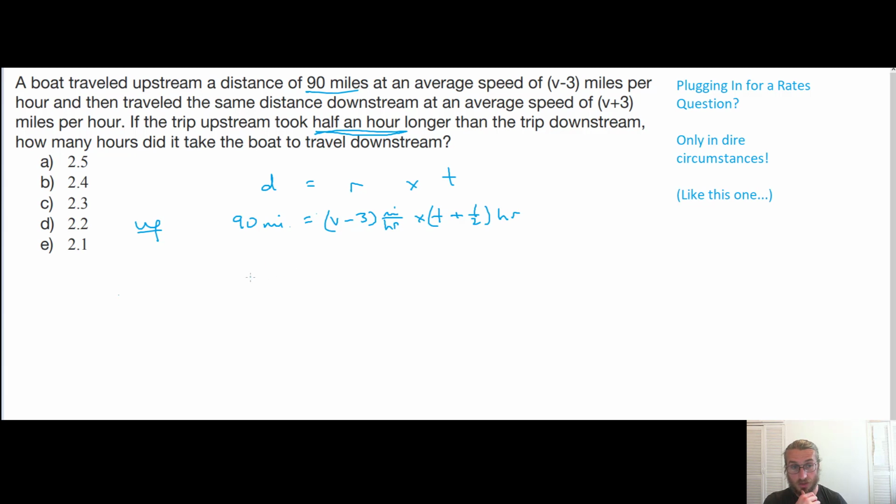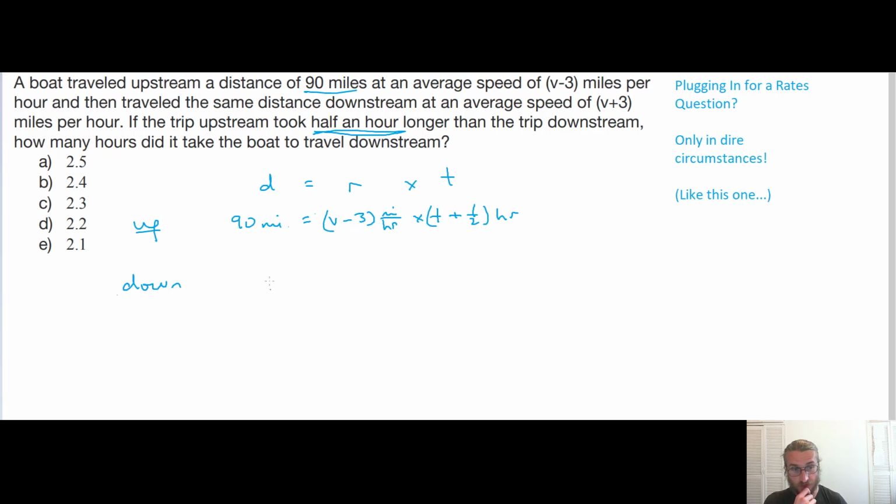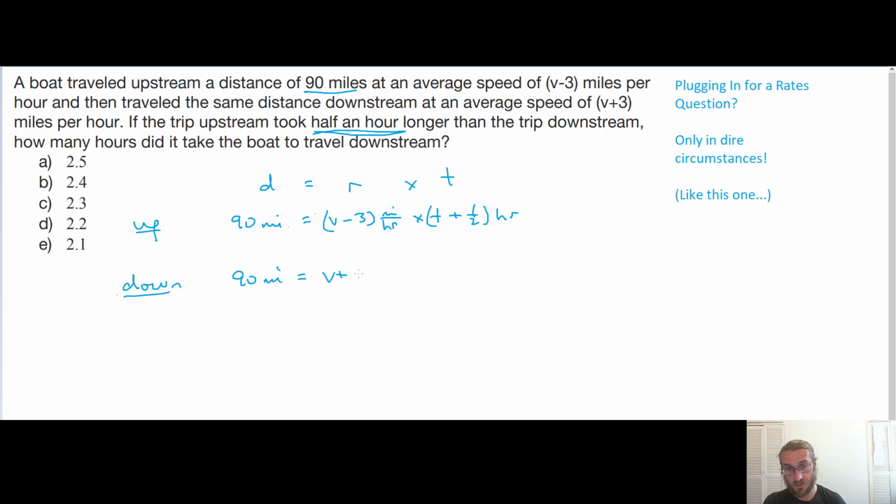Then we would have the downstream. Of course, that's going to be 90 miles again, and then that's v plus 3 miles per hour times t hours in that case.